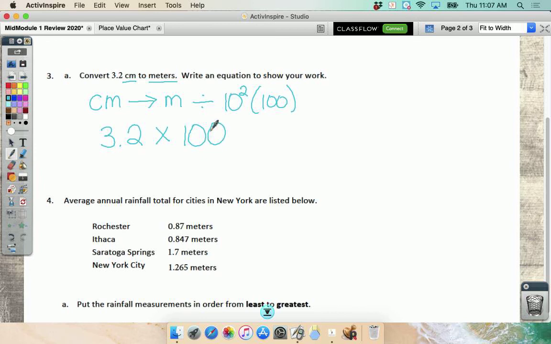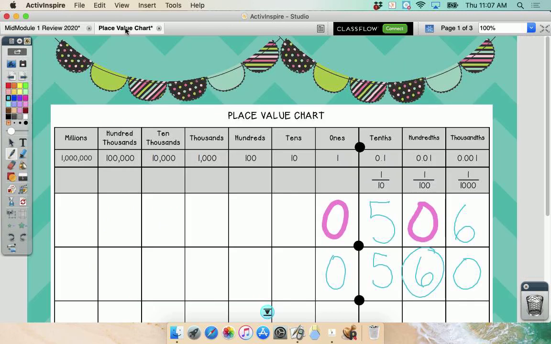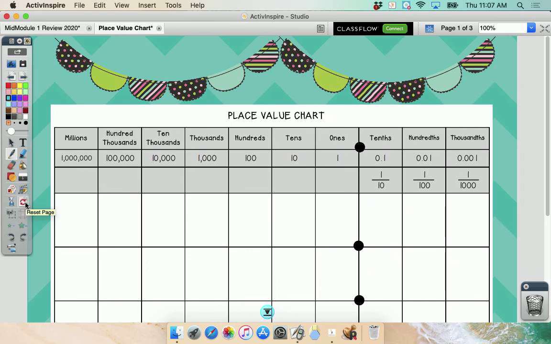Now, I want you to go to your place value chart and just use it as a blank page. It'll be faster, okay? So somewhere on your place value chart, like up at the top or something, let's write 3.2. And we're going to move the decimal. So if I'm dividing, which way do I move the decimal?